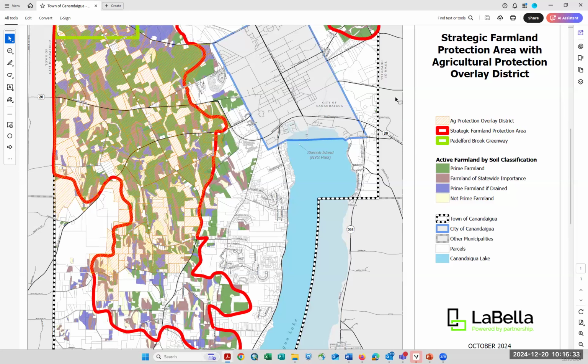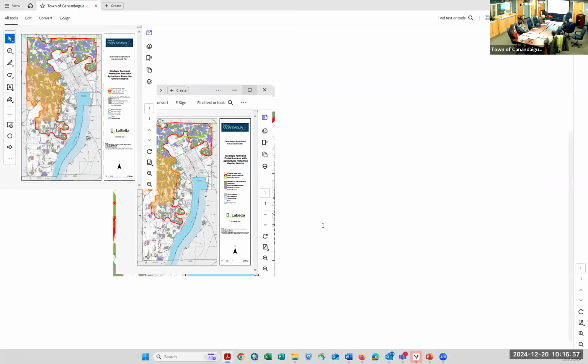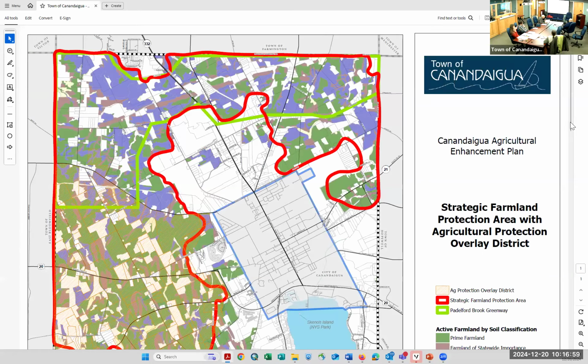There was a reference to 7.5 acres for a parcel to be included, for these split parcels. If there was less than 7.5 acres within the red line, would they still be included? Well, that's the question, right? Whether you include the entire parcel or not, if it doesn't fall all the way inside it.